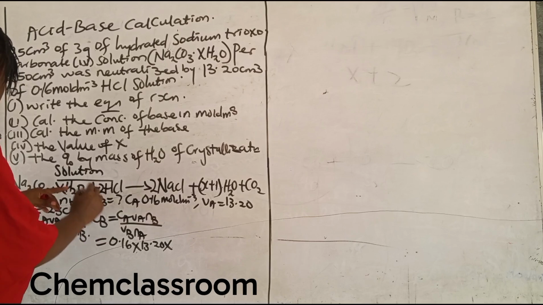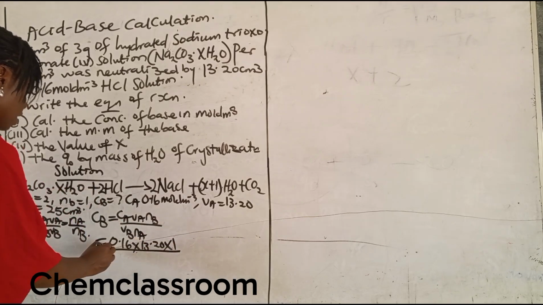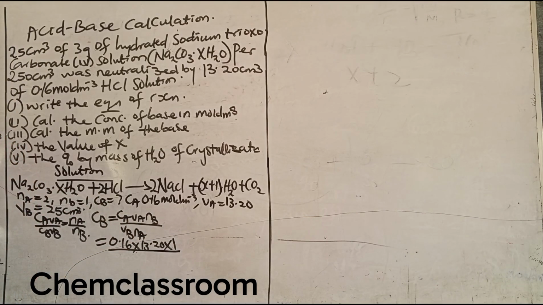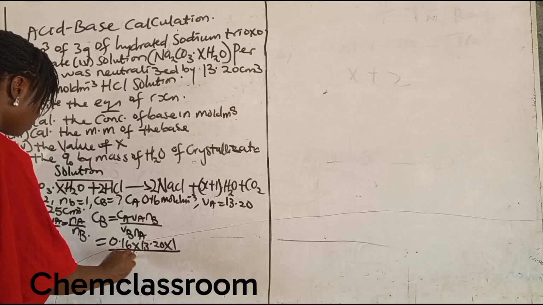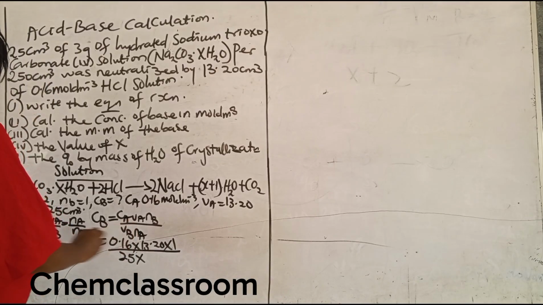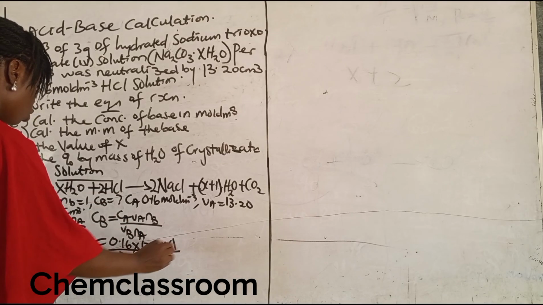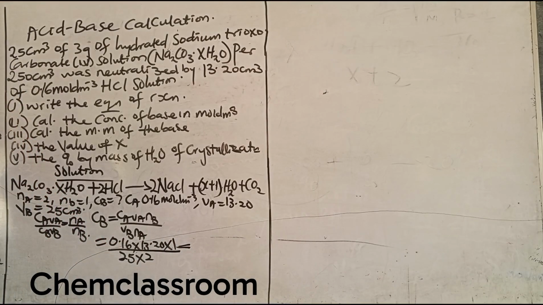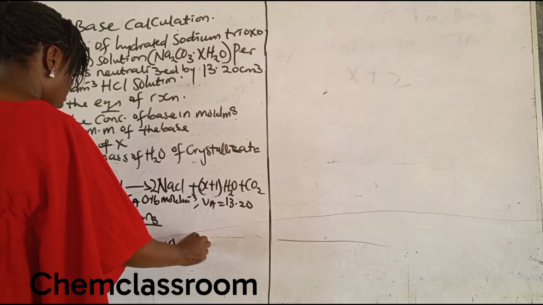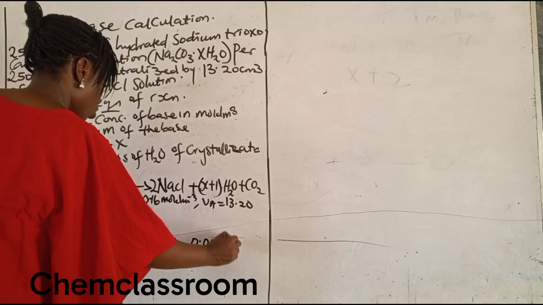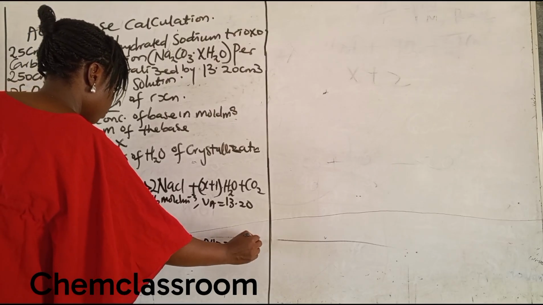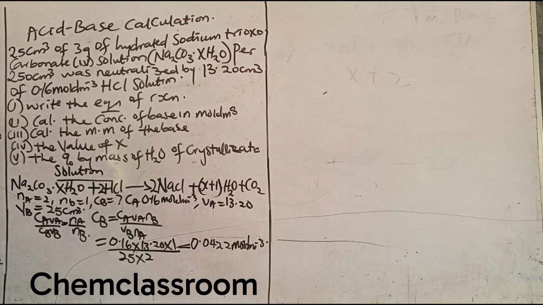My NB is 1, divided by the volume of my base, 25, multiplied by the Na, which is 2. So in all, we are expected to have 0.0422 mole per dm cube. Okay, it's very, very important for you to write out your parameters the way I just did, so that you don't get confused along the line.